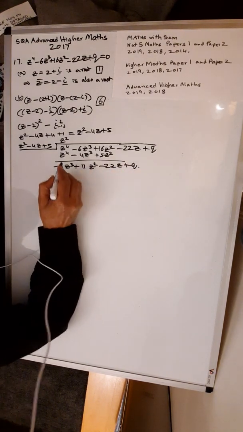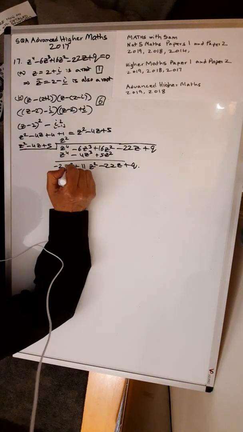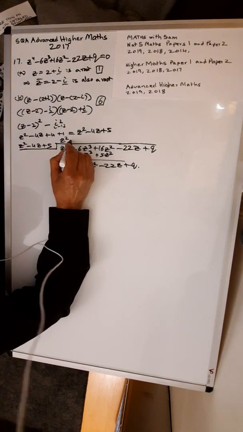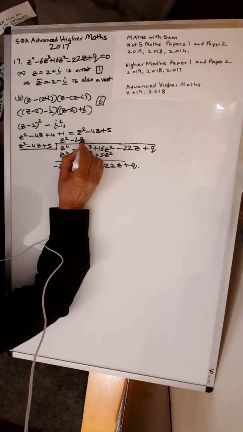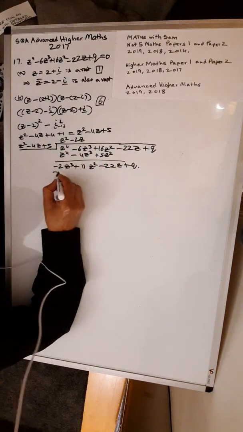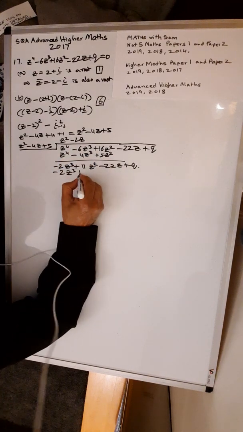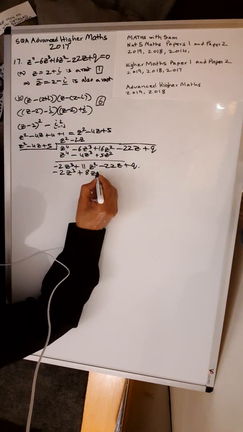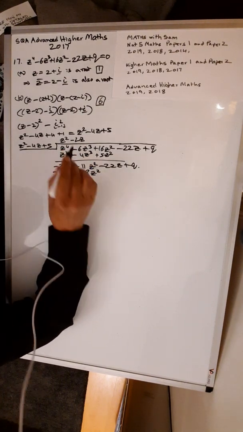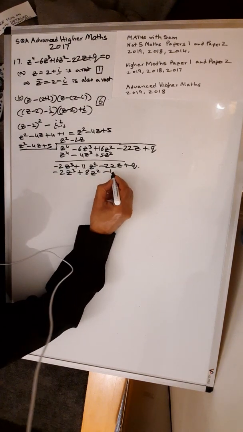Now to get rid of this, you multiply the z squared by minus 2z. This gives you minus 2z cubed plus 8z squared minus 10z.